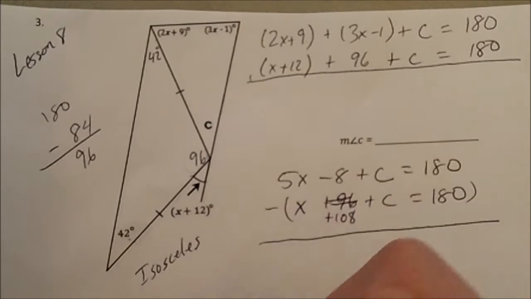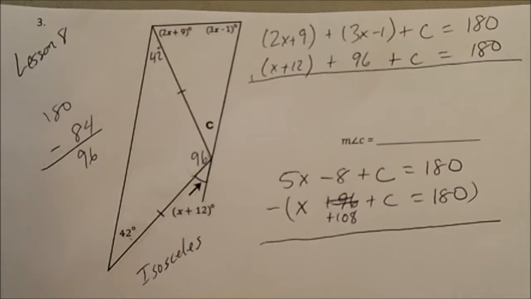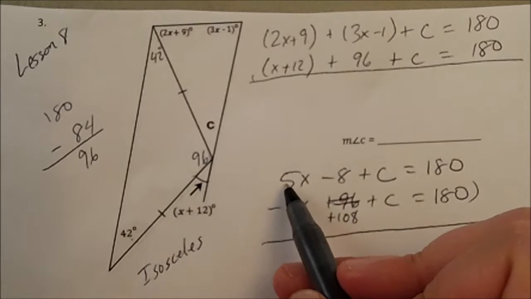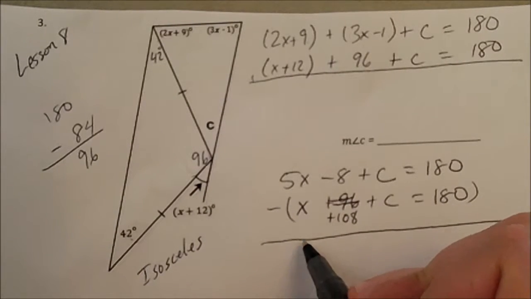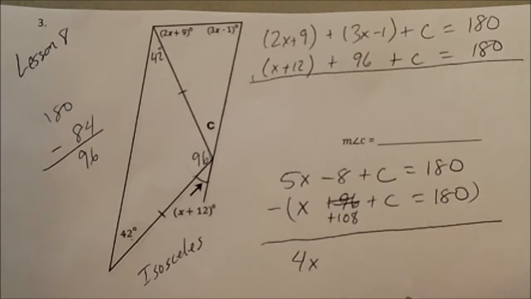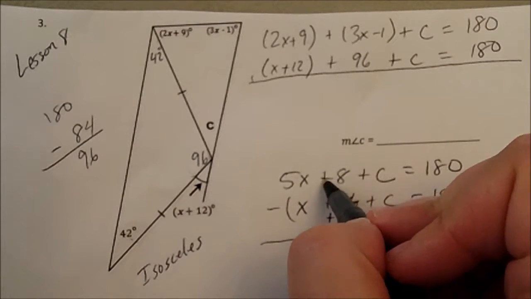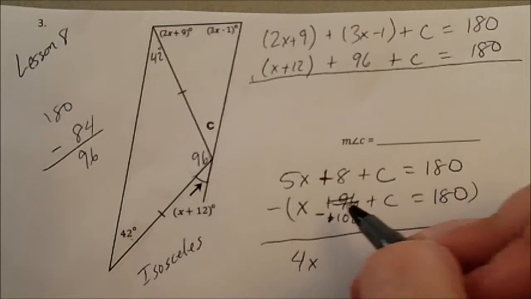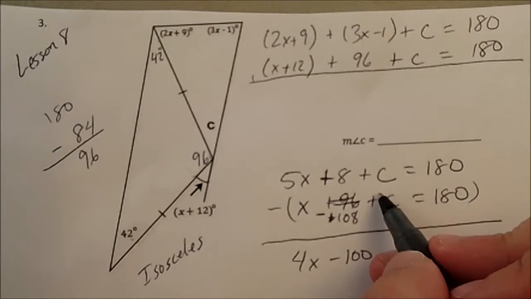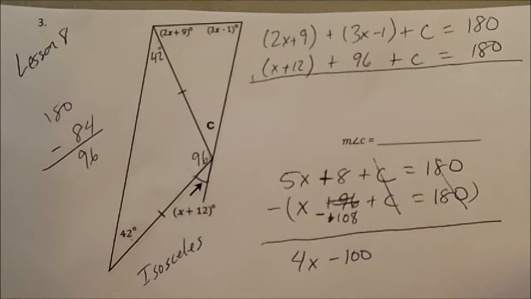So we're going to multiply each side by a negative 1, and you could also say we're basically going to subtract the second equation from the first equation. So we have 5x minus x is 4x. Then we have plus 8, and then minus 108. So that ends up being minus 100. Then the c's cancel and the 180's cancel. So that is equal to 0.